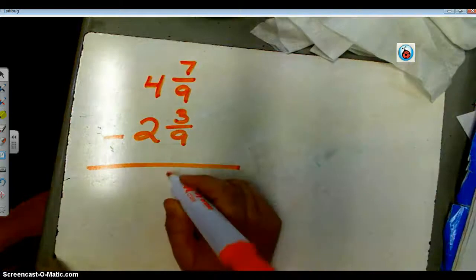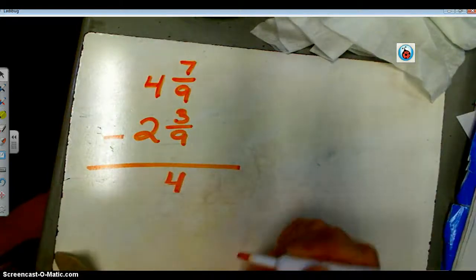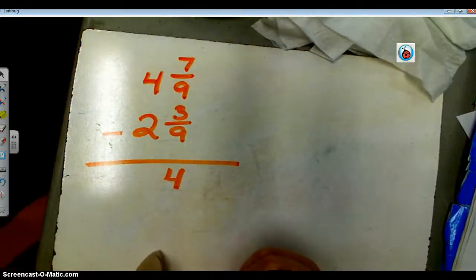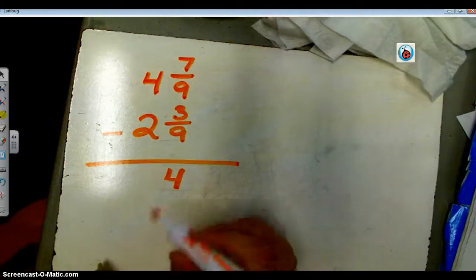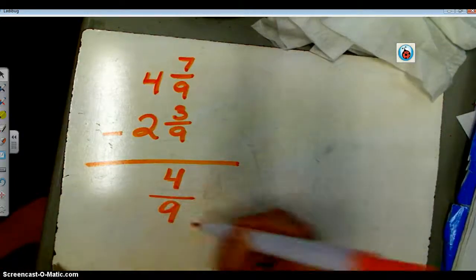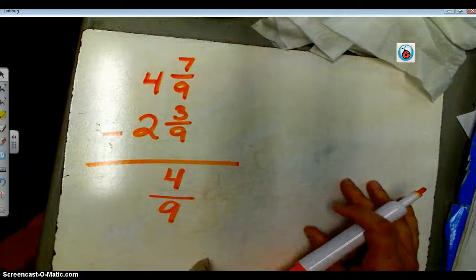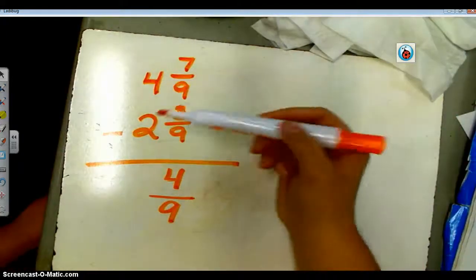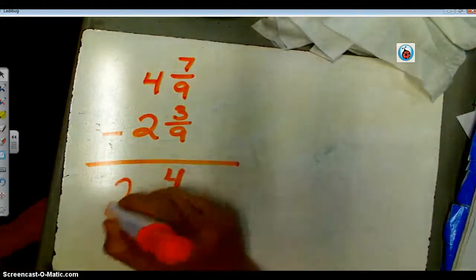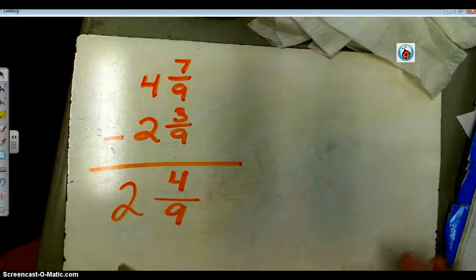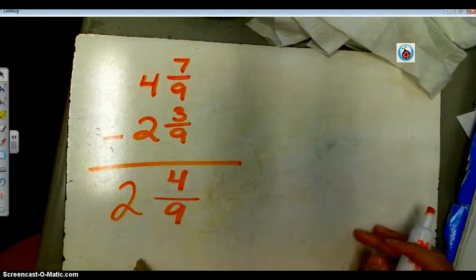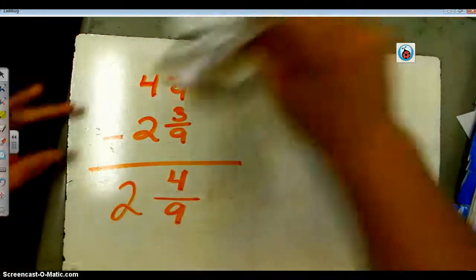What do I get? Keep my denominator the same. 4 minus 2 is? 2. Is that pretty simple? Alright.